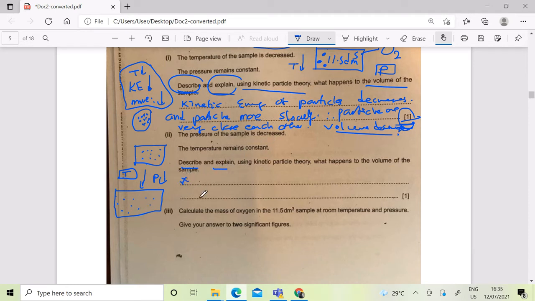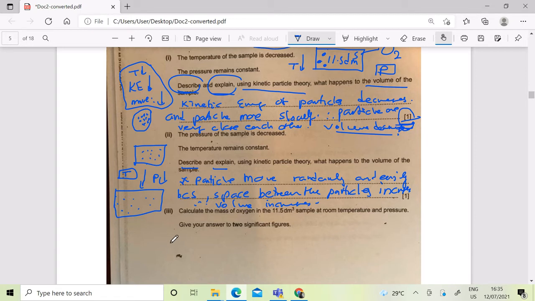So what you need to write is: when you decrease the pressure, particles move randomly and easily because the space or distance between particles increases. Therefore, volume increases.